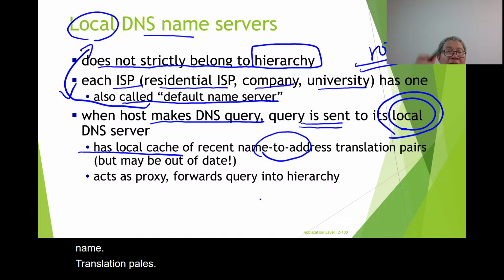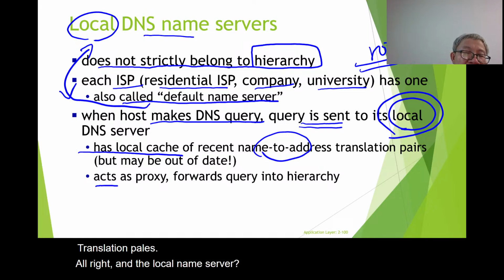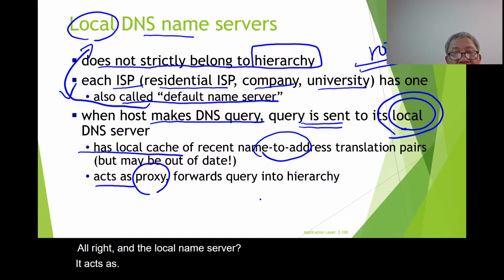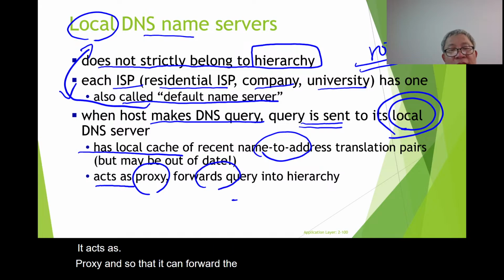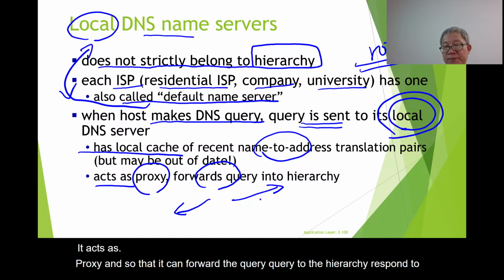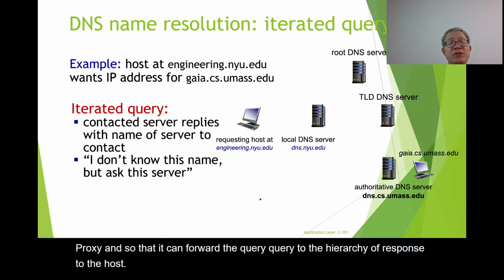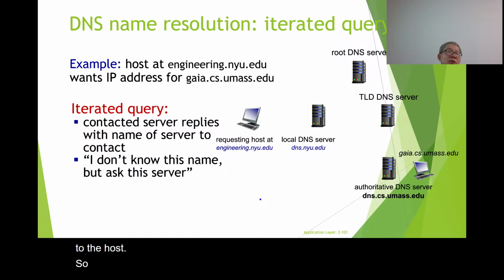All right, and the local name server acts as a proxy, so that it can forward the query to the hierarchy or respond to the host. So this is a possible way to resolve name and IP.